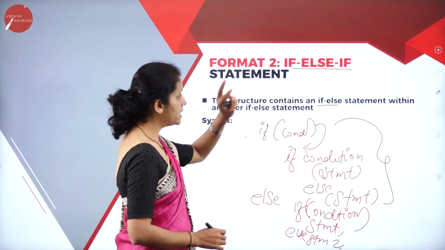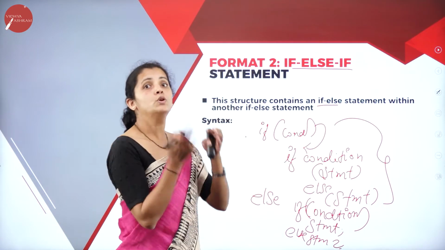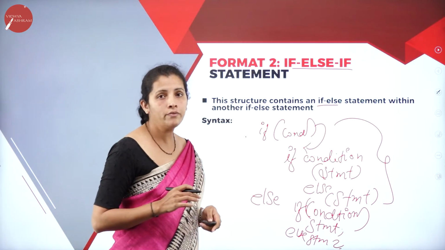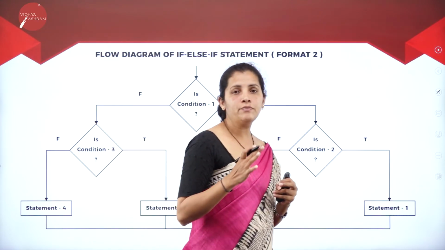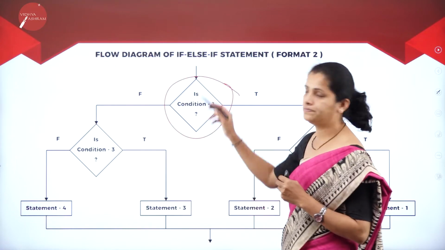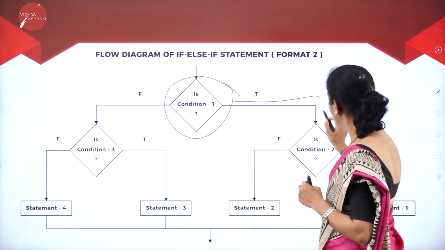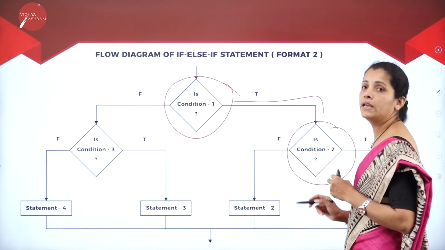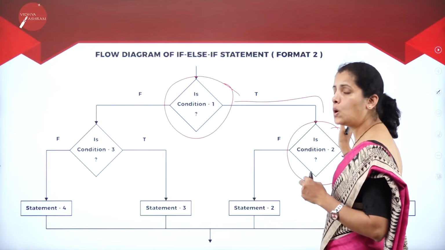So here, as the name itself indicates, in one if statement I'm going to write another if statement. Let me explain the flow chart here. So here I'm going to have the condition. If this condition is true, once again I'm going to have the if condition. So here I'm having two possibilities, true and false.